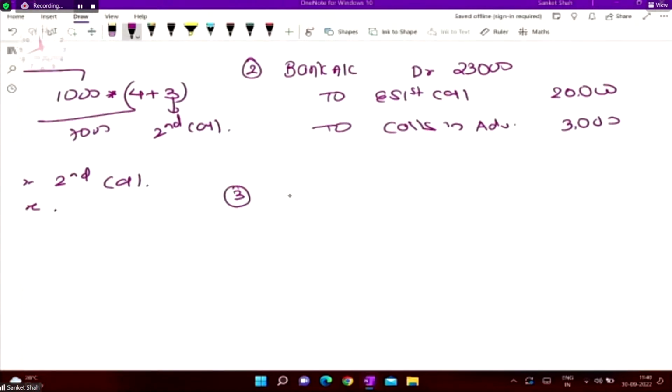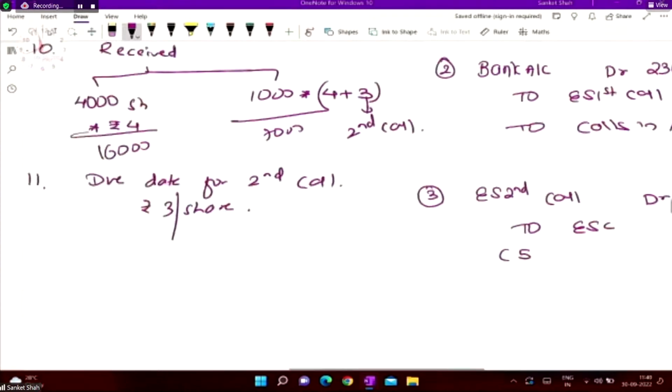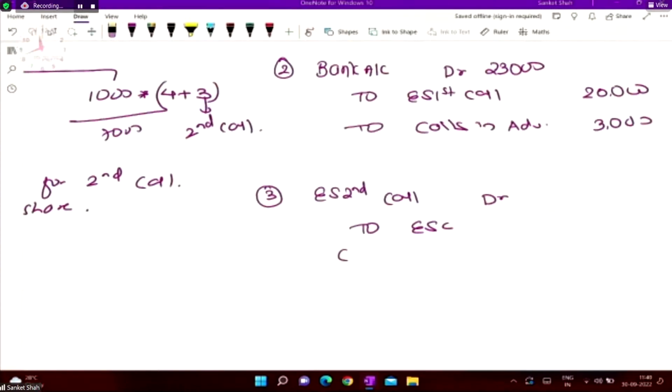Third entry, equity share second call account debit, to equity share capital, 5,000 shares into 3, 15,000.